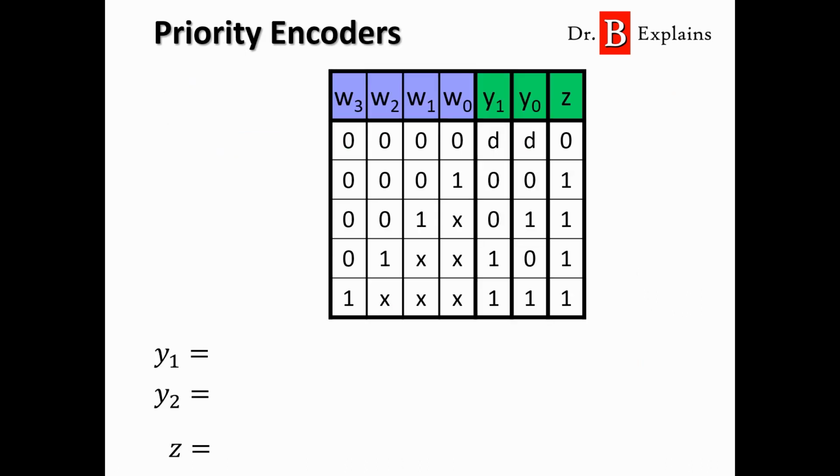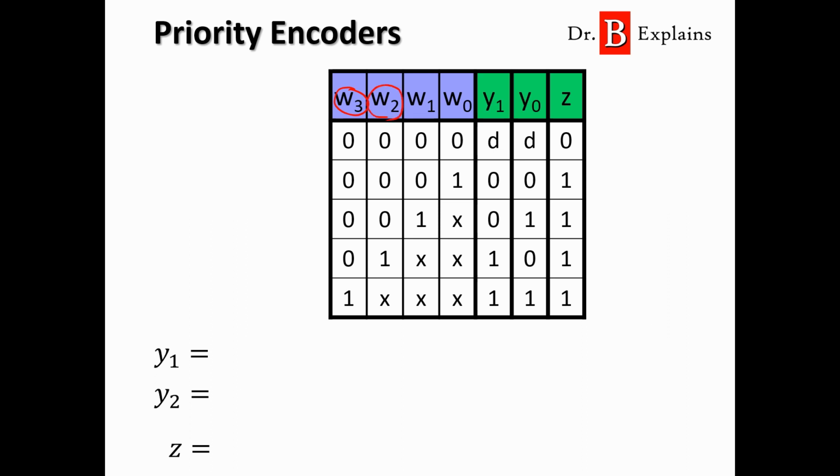Now, a priority encoder is a similar device as an encoder. In this case, the only difference is that we are looking at the most significant bit first. So if the most significant bit, in this case W3, for example, is a 0, then we look at the next one, the W2.